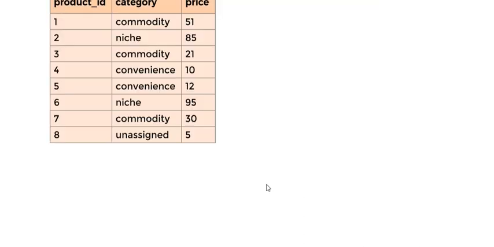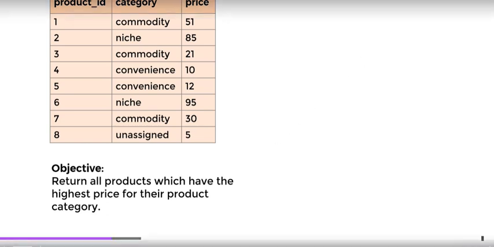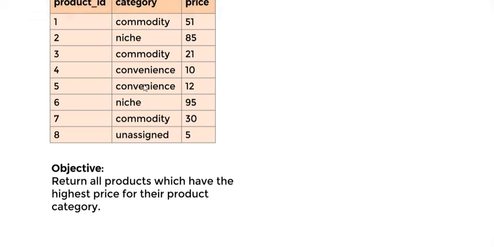This is the products table. Here we have a table of products, and let's say we have the following objective: return all products which have the highest price for their product category. In the product category there are many categories, like commodity, Nike, some unassigned commodity category, and convenience category.